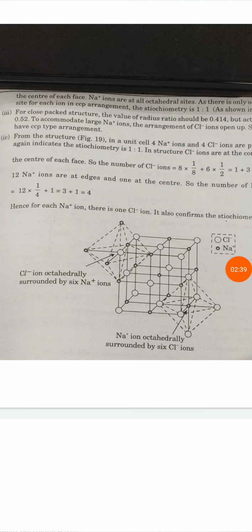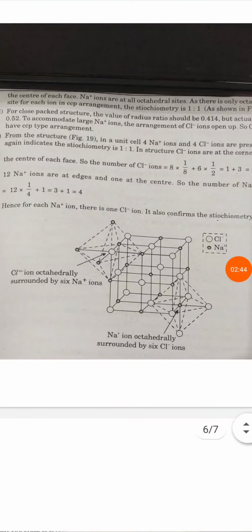For a close-packed structure, the value of radius ratio should be 0.414, but actually it is 0.52 in case of NaCl, as we have seen from the radius ratio. So we can say that, to accommodate large sodium ions, the arrangement of chloride ions opens up.